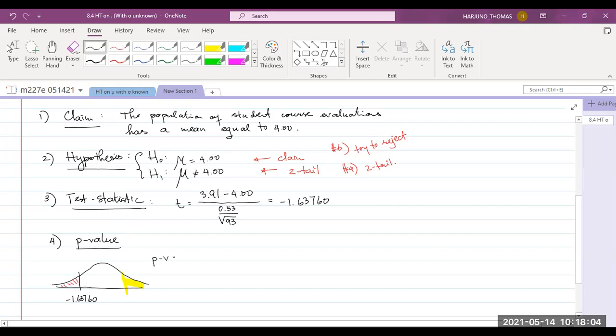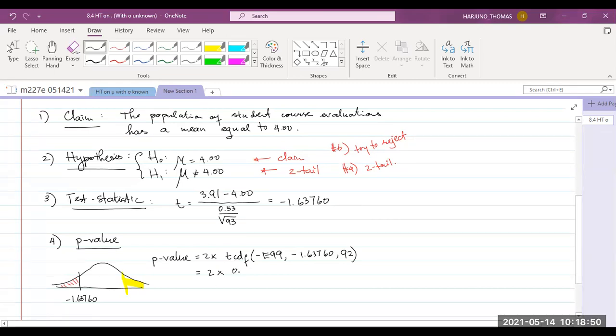So the p-value is 2 times TCDF, negative E99, negative 1.63760, degree of freedom 92, which is 1 less than the sample size. So use our calculator, TCDF, negative E99 to negative 1.63760, degree of freedom 92.